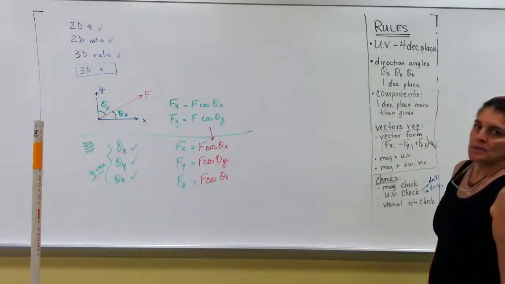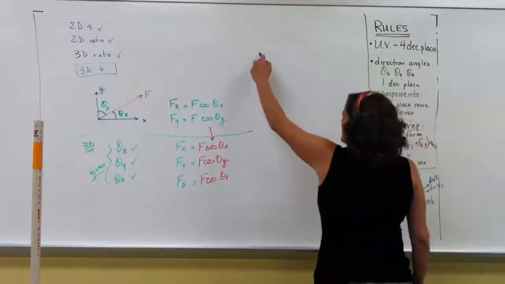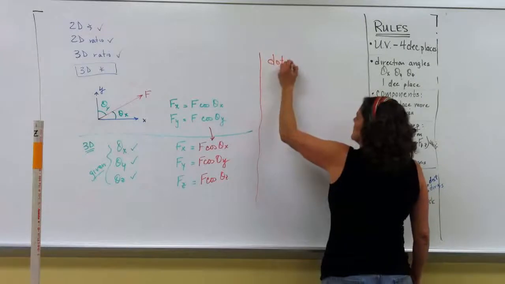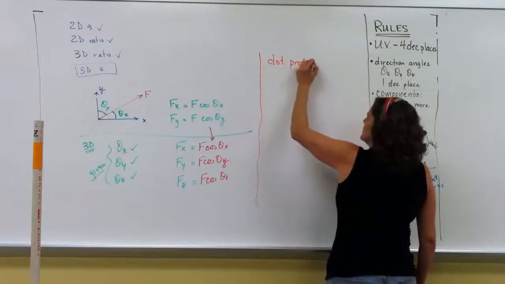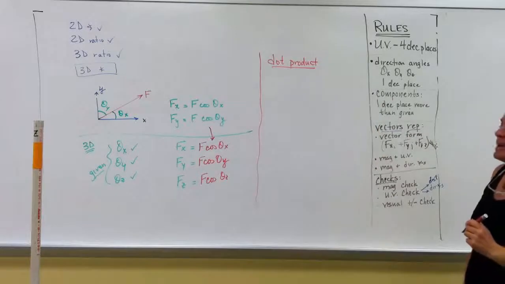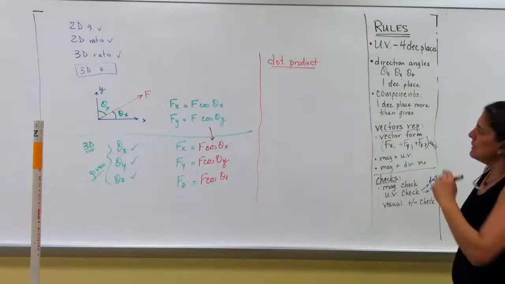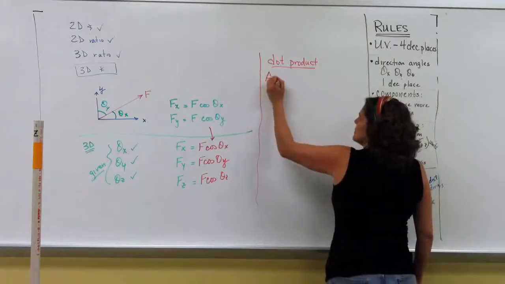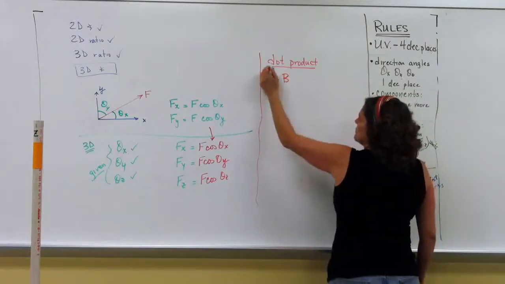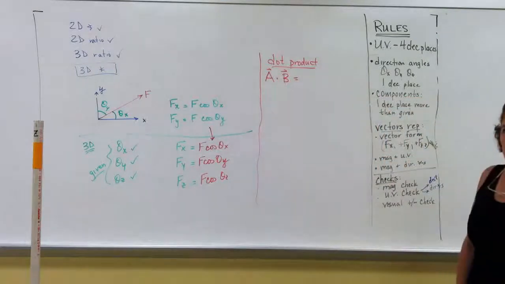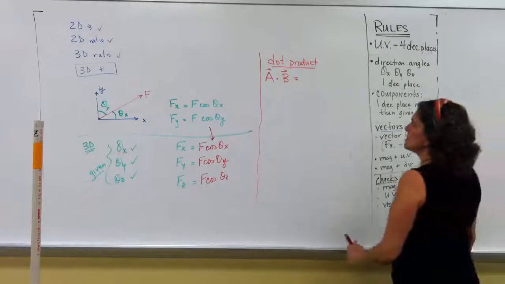So let's talk about why this is the case. It was something you learned in math, the dot product. When was that? Was it Math 5B, 5A? I'm not quite sure. But if we had two vectors, vector A and vector B, and we wanted to dot those vectors, do you remember how we did it? There were two different ways.